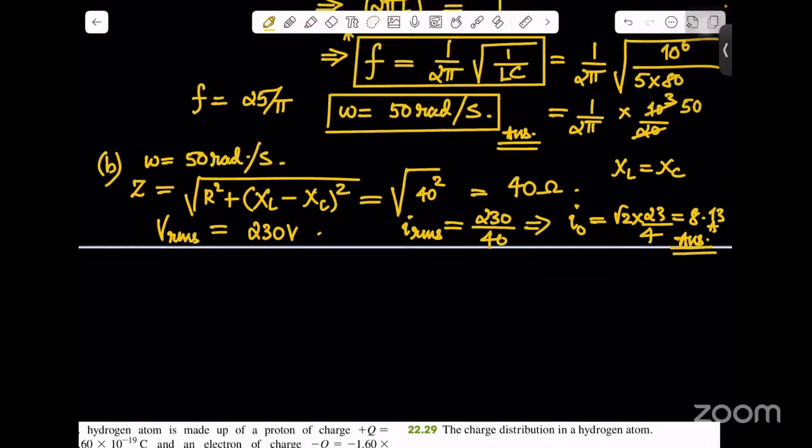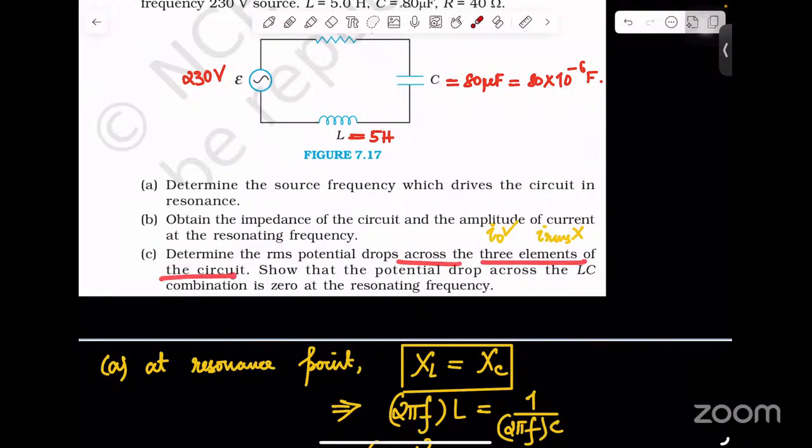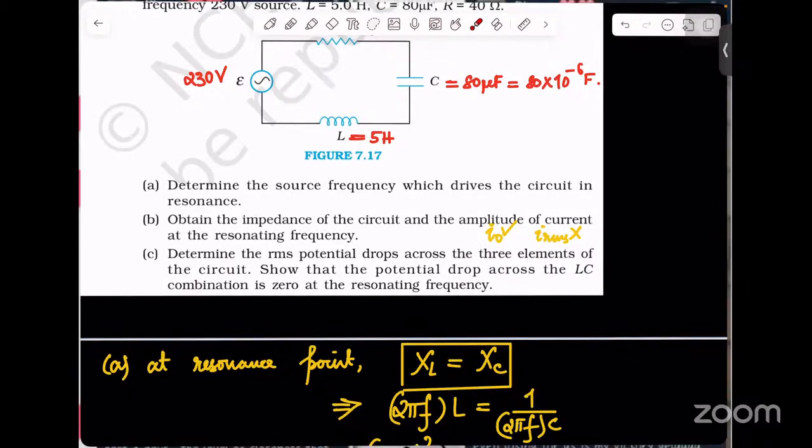So the third bit, which says determine the RMS potential across the three elements of the circuit, that is through L, C, and R. Show that the potential drop across the LC combination is zero at resonating frequency.